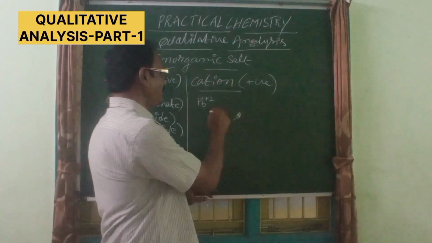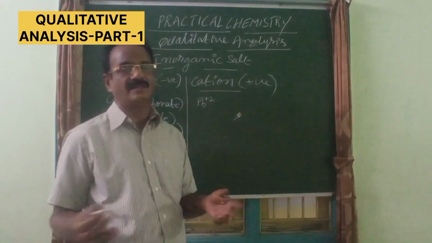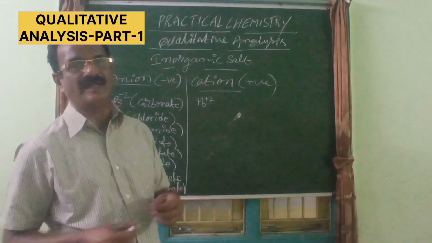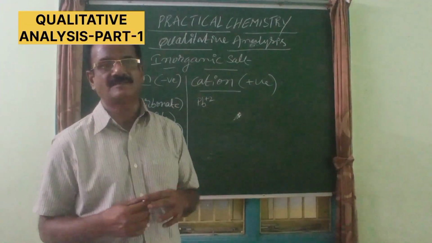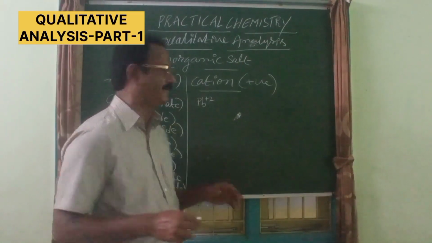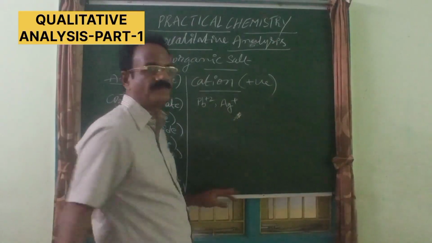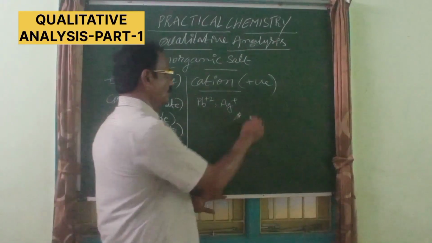Usually along with lead there would be silver also in the procedure, but in practical it is not possible to give the student silver salts, as they are too costly. So usually the lead will appear: Pb plus 2, Ag plus. These two ions come under first group cations.